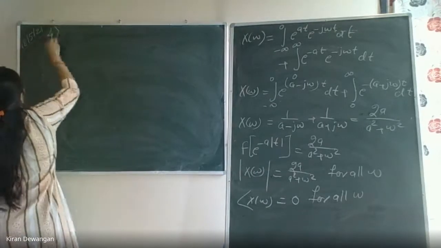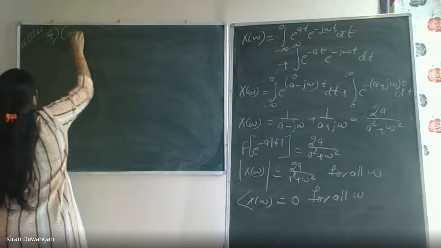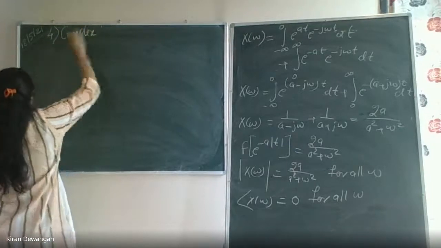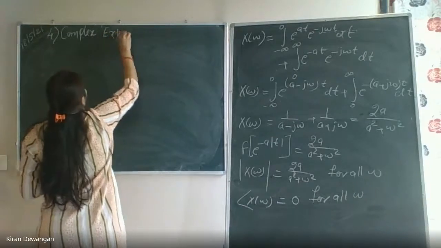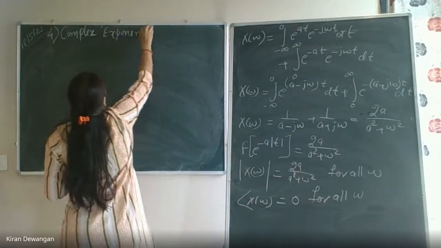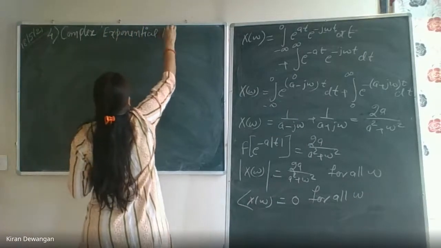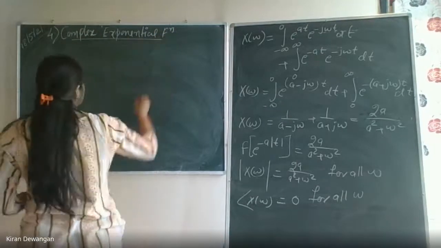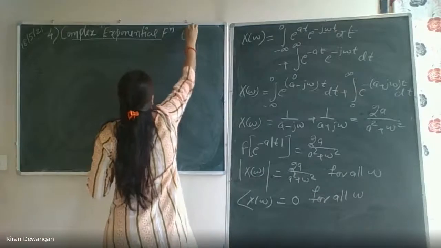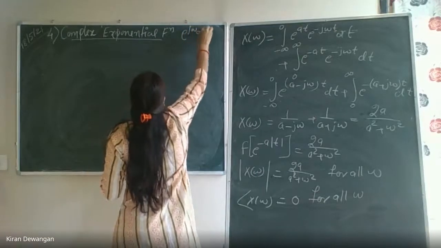Fourth one is a complex exponential function, that is e to the power j omega naught t.